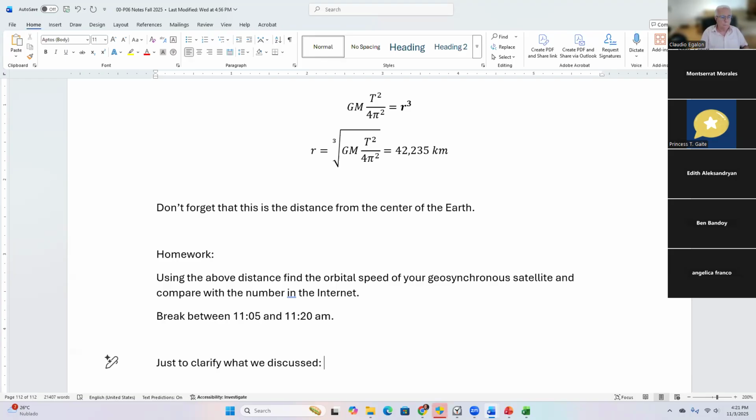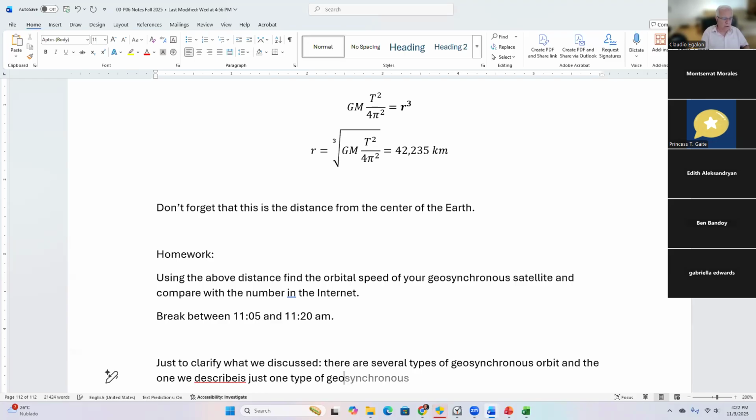There are several types of geosynchronous orbit, and the one that we described is just one type of geosynchronous orbit. Let me call it geostationary orbit. This one that we discussed is a geostationary orbit.